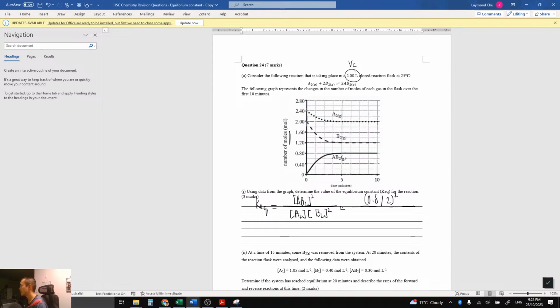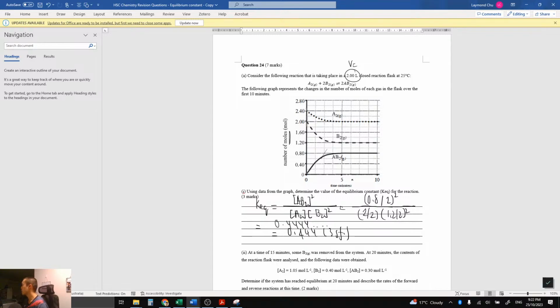A2 is 2 moles over 2 liters, that's just 1. B2 is 1.2 over 2, squared. So what does that equal to? 1.2 over 2, that's equal to 0.4444... How many sig figs? 3 sig figs, so 0.444.